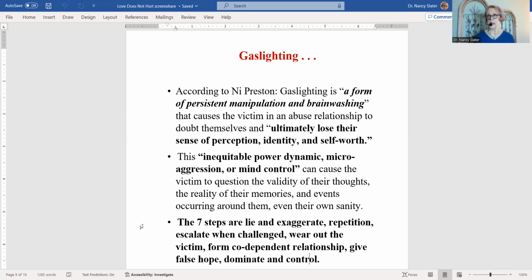Oh my goodness, it sounds a little more serious than just emotional or verbal abuse. This is manipulation and brainwashing that is persistent, and it causes the victim to doubt themselves, to ultimately lose their sense of perception, identity, and self worth. What am I talking about? What is Dr. Preston talking about?